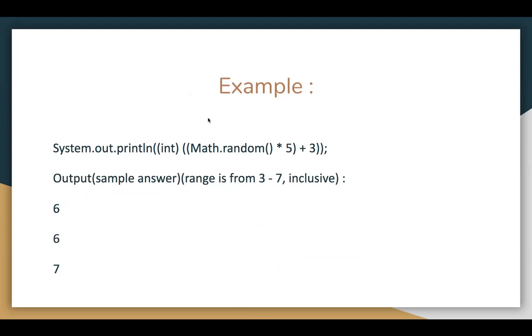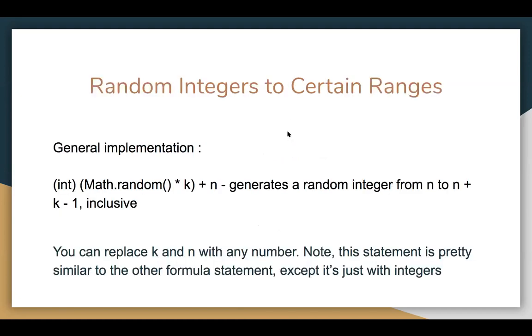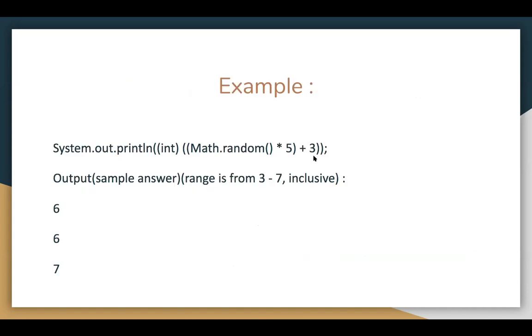So, example. You can see here that we have this right here. And I think this was k. Wait, let me check. Okay, so this is k, this is n, right? So 5 is k, 3 is n.